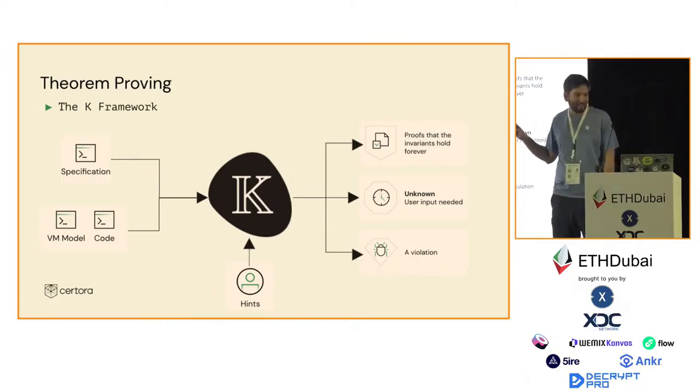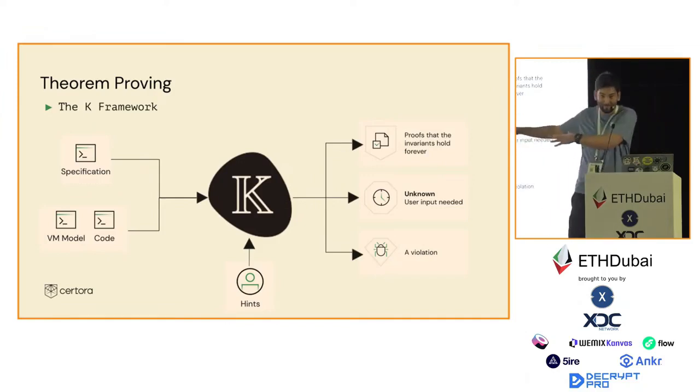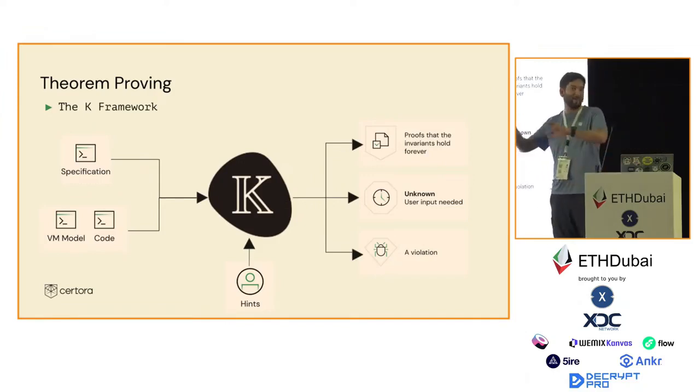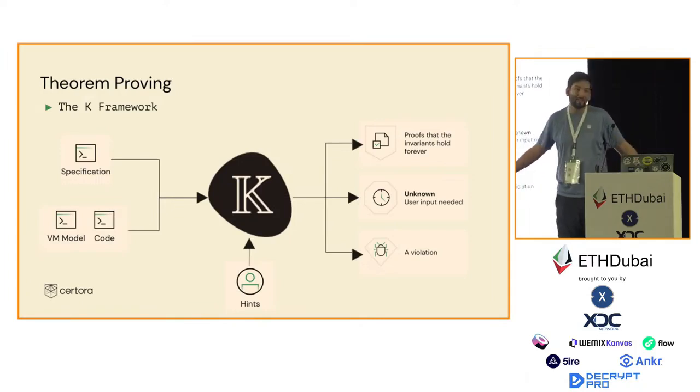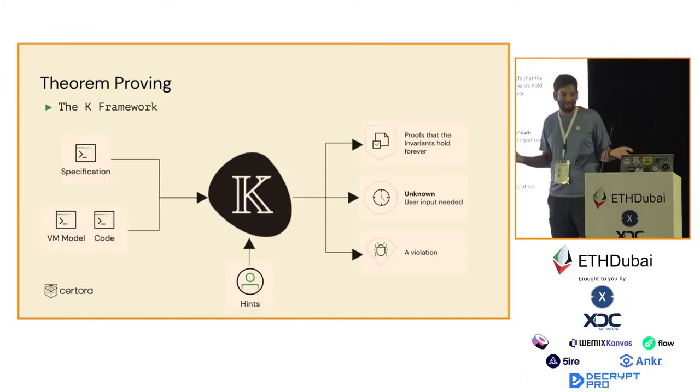You don't need to write it again. What you do is check the specification against a combination of the code and that EVM model. So two different mathematical entities, and what K is trying to do is to prove that they are actually the same, what we say they are equivalent in math.